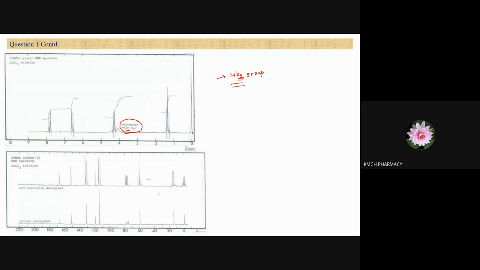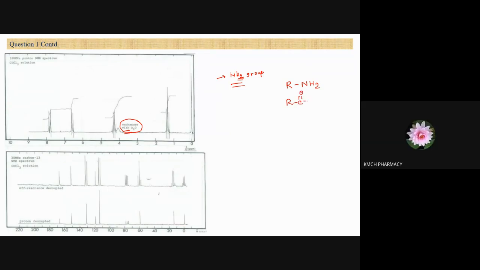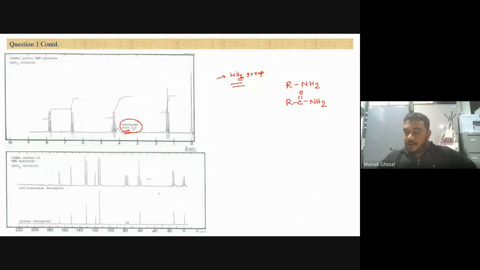I understand that any exchangeable proton, in NH2 or SH or OH, will undergo deuterium exchange, so you can easily identify the presence of protons in OH, NH or SH. But not all NH will give the same behavior. Here, this is an amine, this is an amide.